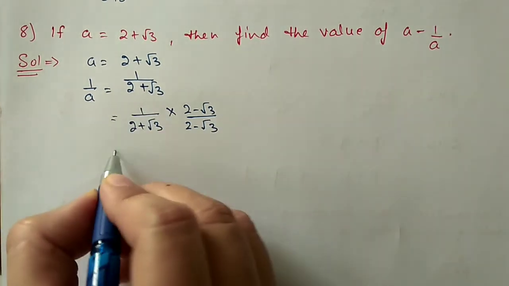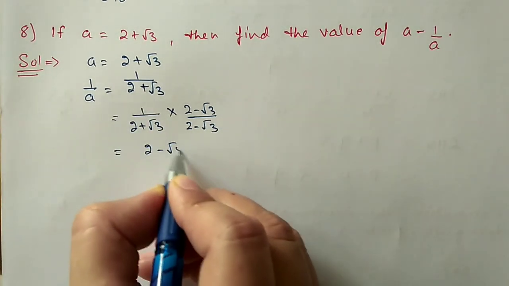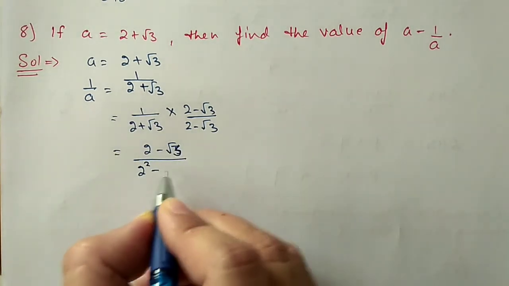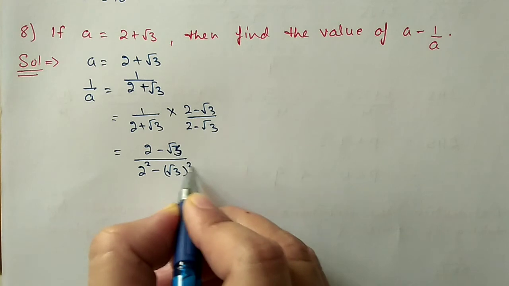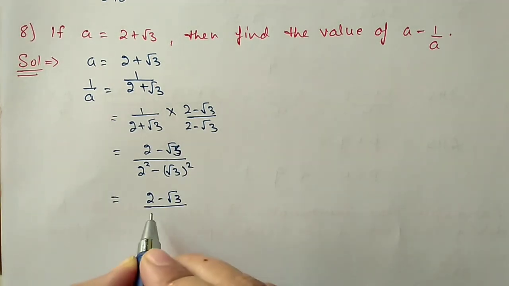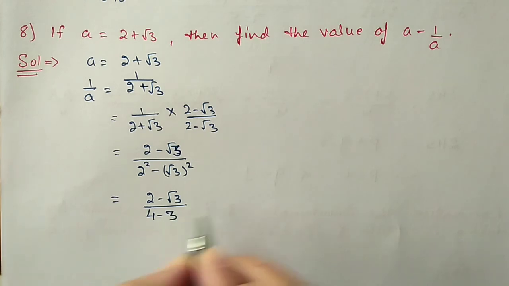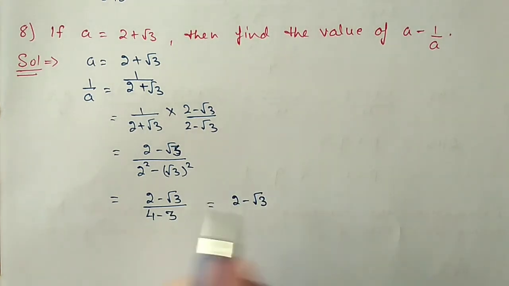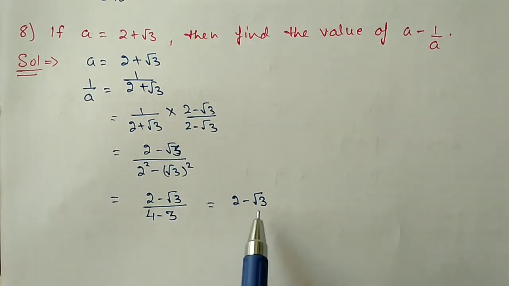So the numerator will become 2 minus root 3 and the denominator 2 square minus root 3 square. So 2 minus root 3 divided by 4 minus 3, which is equal to 1. So finally we will get 2 minus root 3. So the value of 1 by a is 2 minus root 3.